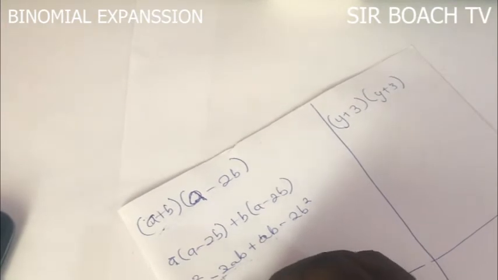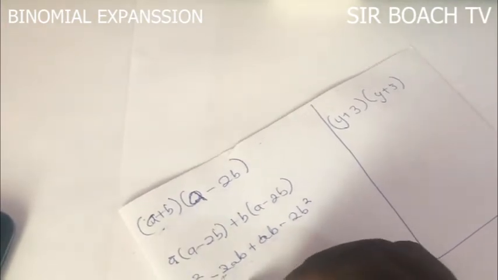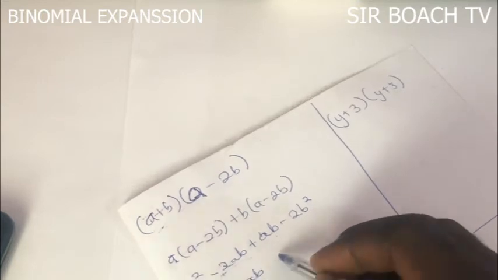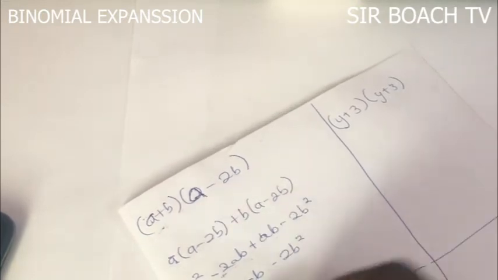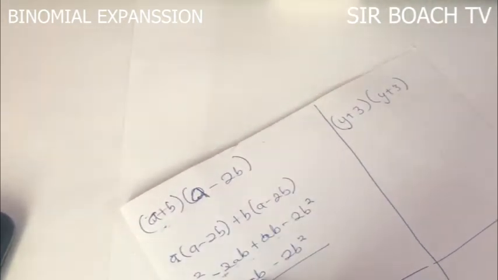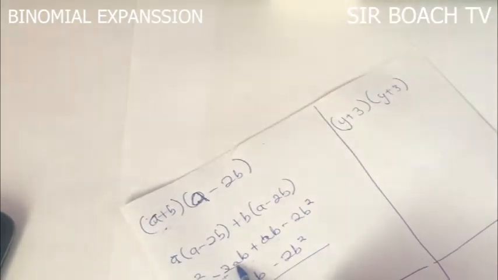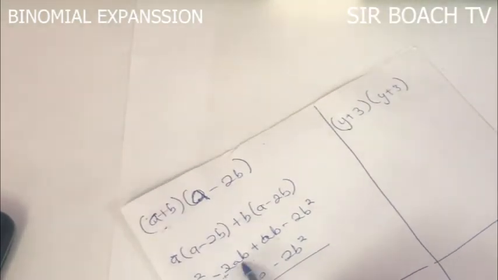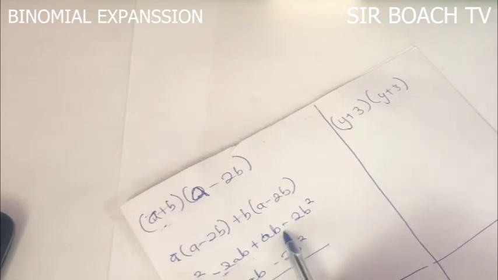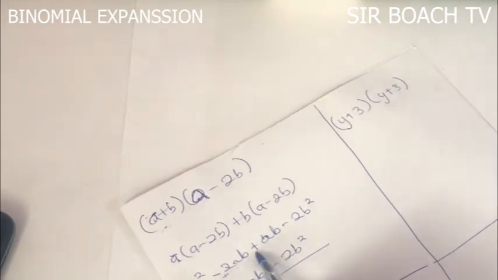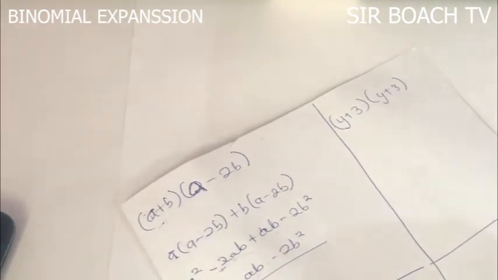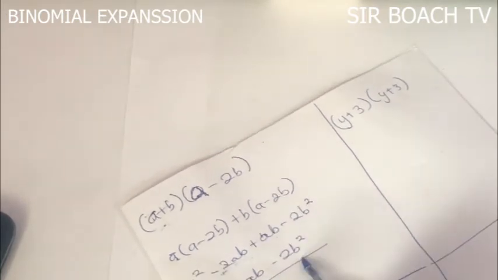I'm going to get a square, and this one gives you minus ab, minus 2b square. So that minus ab is gotten from here: we have negative 2 of ab over here and positive ab here. So when it's like minus 2 plus 1, you get minus, right? So that's our final answer.